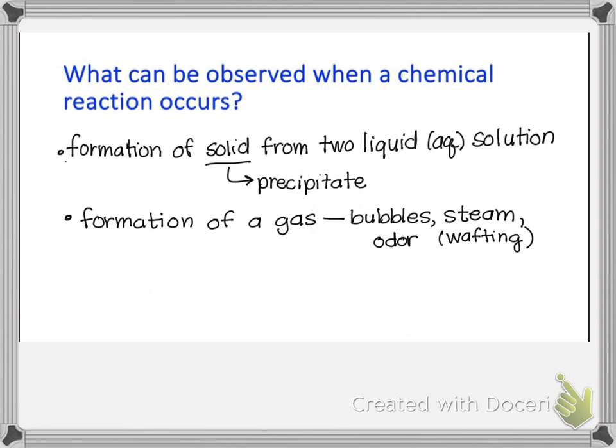We could also observe a change in temperature. So on the previous slide, it said that water forms. And I'm thinking specifically when you react 2 kinds of chemicals called an acid and a base, they form water.